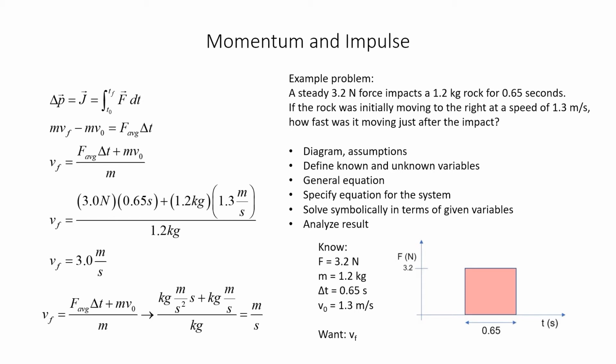Also, let's look at order of magnitude. Our final velocity is 3.0 meters per second. Seems like a reasonable velocity. It's more than 1.3 meters per second. That's good because we had a force acting on it to the right. And it's about the right order of magnitude. It isn't something in milliseconds, or it isn't something in years or something like that.